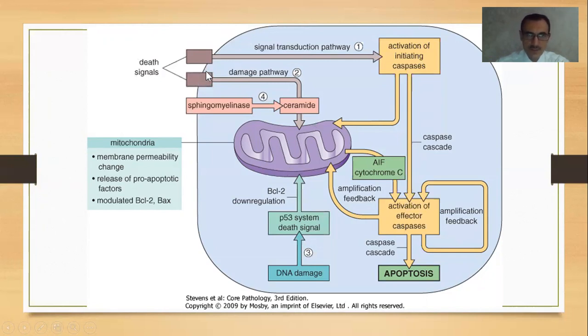Second, the cell damage pathway provides the synthesis of ceramide, which also affects the mitochondria. DNA damage triggers the P53 system cell death.